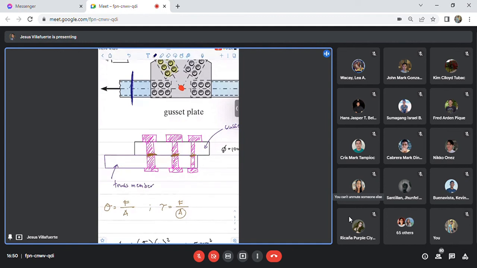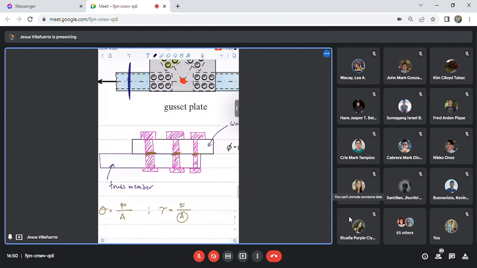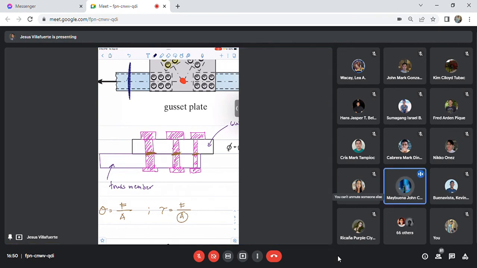Okay, I will ask May Buena, because she was upset last time. May Buena, where is the bearing stress here? The upper one, sir, on the left side. And on the lower one, the truss member, on the right side, at the third bolt.